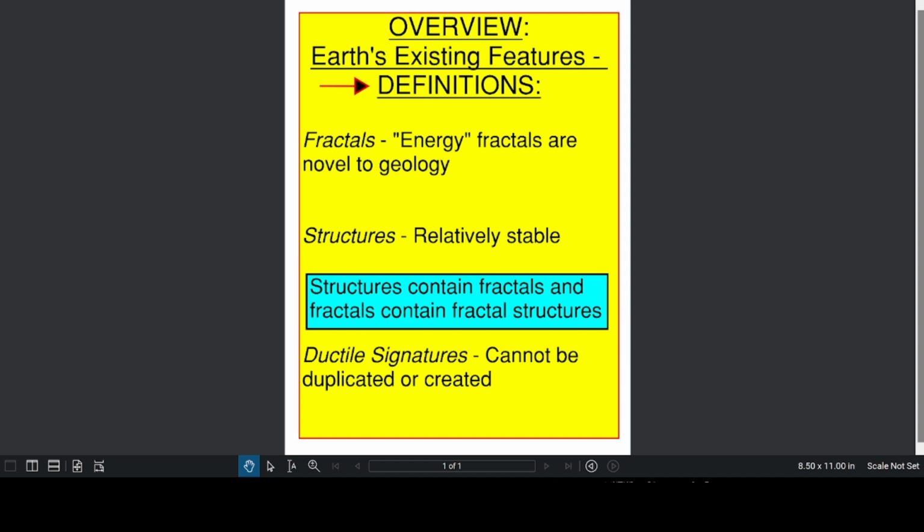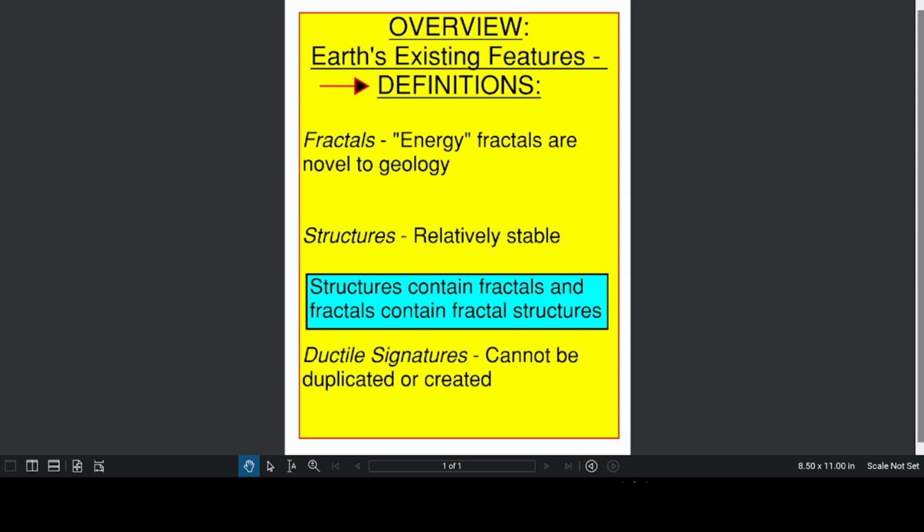Basically, the reason that there's ductile features on the surface is because at one time they were formed under those conditions of high temperature, high energy, high pressure. And now they've been uplifted as real things with the structures themselves. They've been uplifted and they have brittle and ductile features. And the fractals represent, again, the time that things were high temperature, high energy, high pressure. So it's just a snapshot in time, sort of like a photograph.